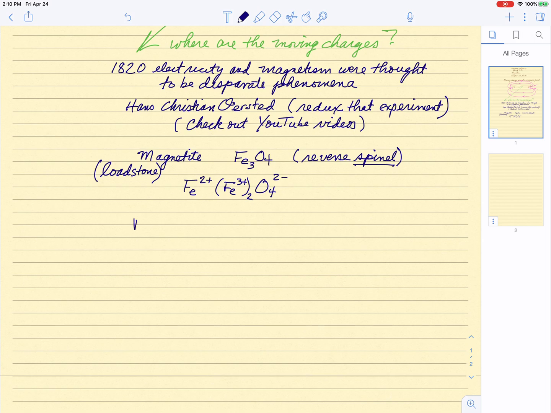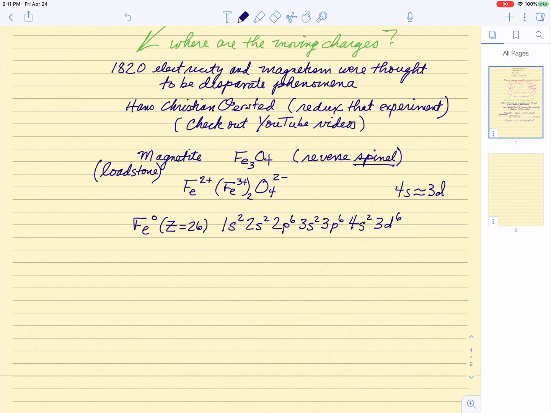And so if we look at iron in the 0 valence state, iron is Z=26. And if we were to look at the electron configuration, it would be 1s2, 2s2, 2p6, 3s2, 3p6, and then the 4s2 fills before the 3d level. As a matter of fact, the 4s level is really close in energy to the 3d, right?